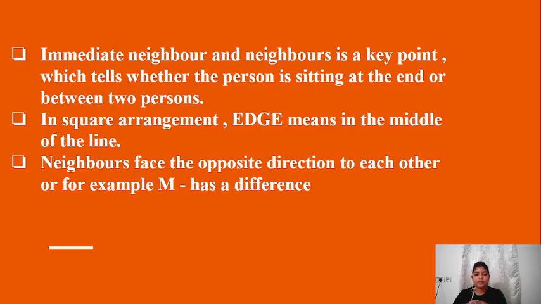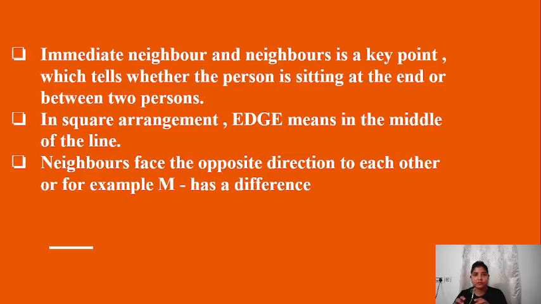And another thing is that there will be a phrase like immediate neighbor of X, or immediate neighbors of X are facing each other or facing opposite directions. It is actually a keyword which tells whether a person is sitting at the end or not.